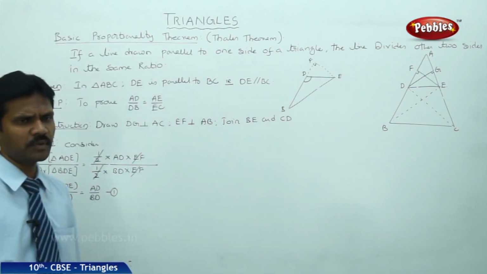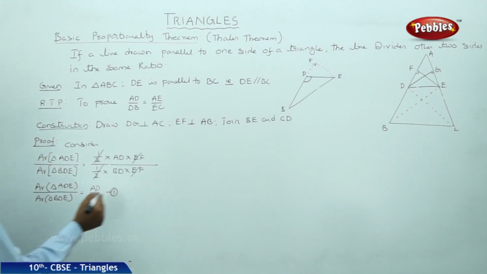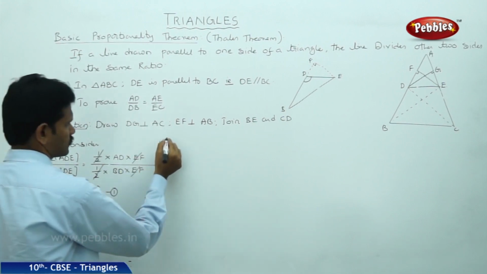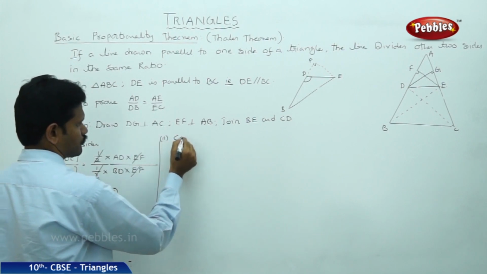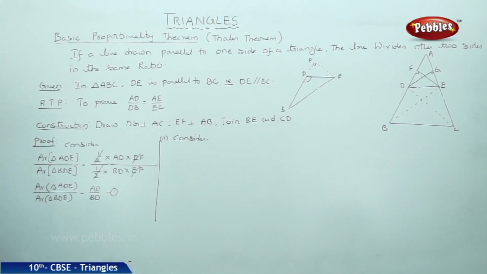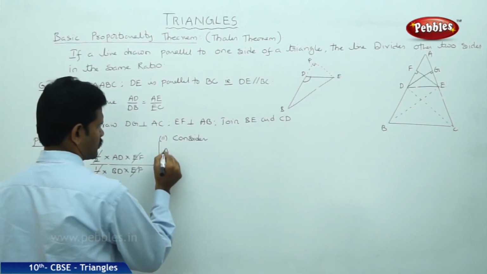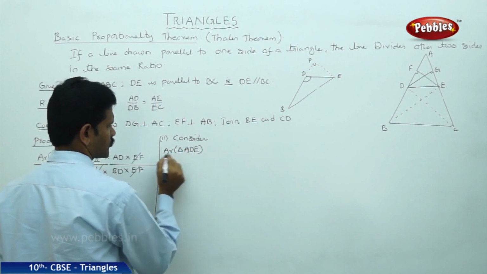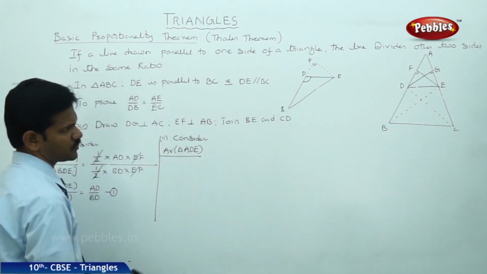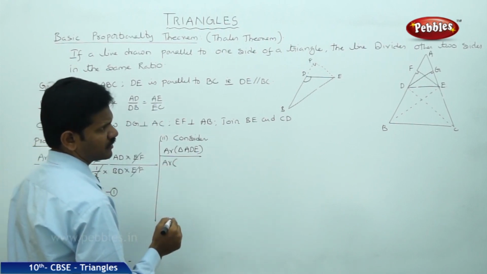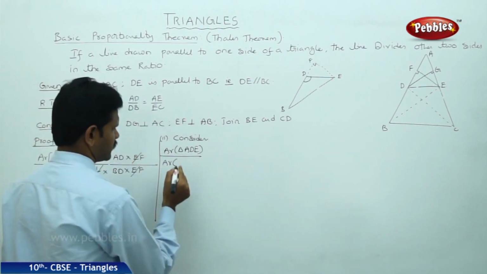Now let us see the second part, case 1. Similarly, consider the second part. Consider area of triangle ADE by, please consider the extreme right, area of triangle CED.